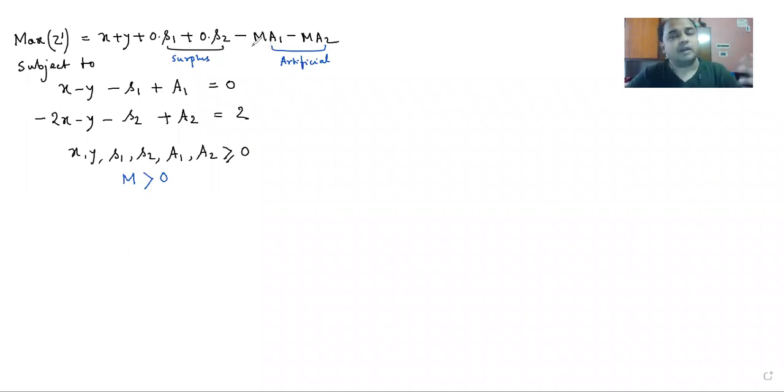It is not like for A1 we consider M1 and for A2 we consider M2, because these quantities M are so large that at a certain point you cannot distinguish between them. 1 million, 1 trillion, 10 trillion, all are too large for us. So hypothetically speaking, we just consider that these things are very large.